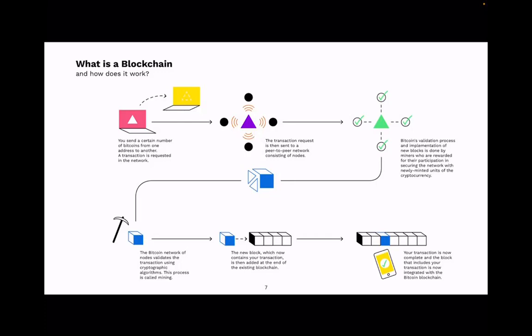So to add a block of transactions to the chain, each person maintaining a ledger or a copy of the file must solve a special kind of math problem created by a hash function, which is a function that easily generates an output, but it's really hard to find the input. So this is the math problem that has to be solved in order to verify a transaction.